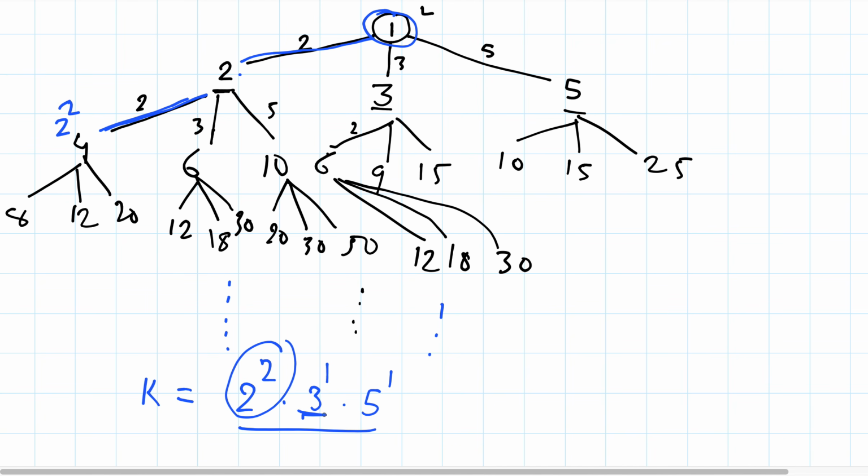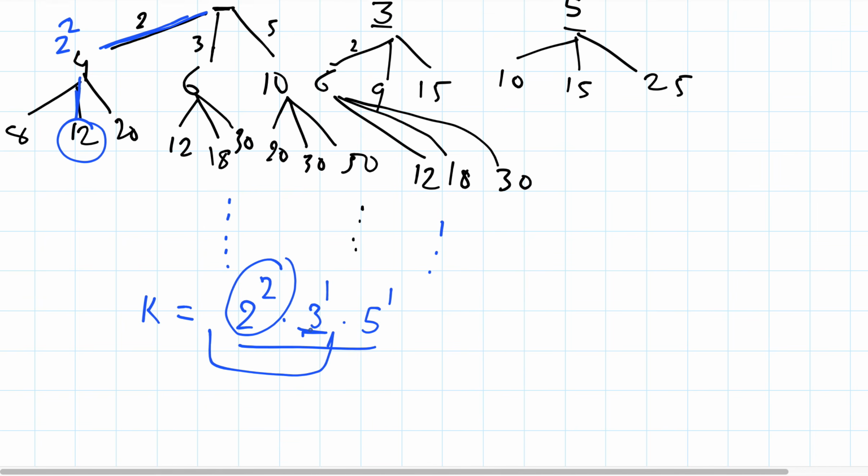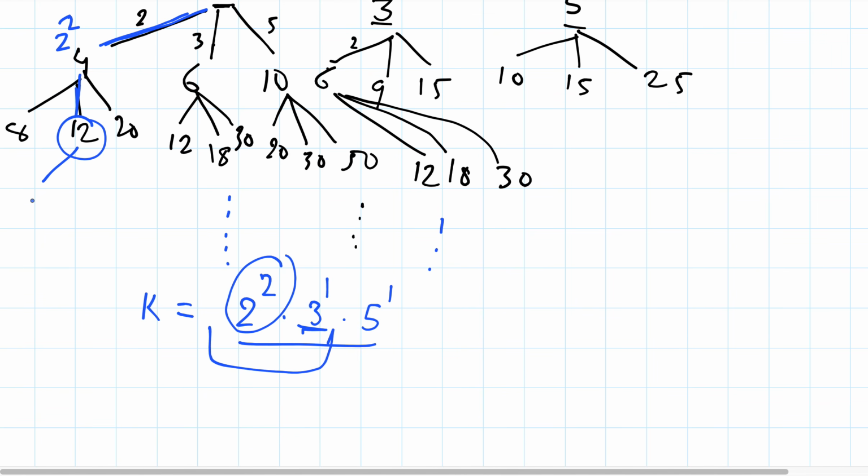Now 3 has power 1, so take the middle branch once, so we reach here. Now 5, so this will again have 24, 36 and 60. So now we have 5 to the power 1, so take the rightmost branch, so we will reach here, and now you can calculate this is equal to 60.